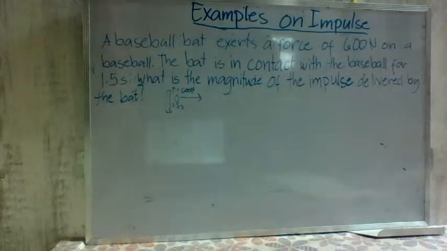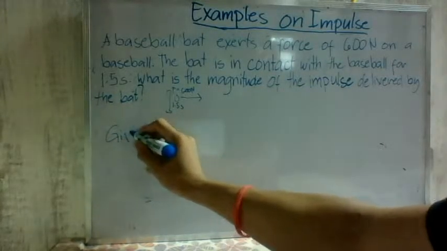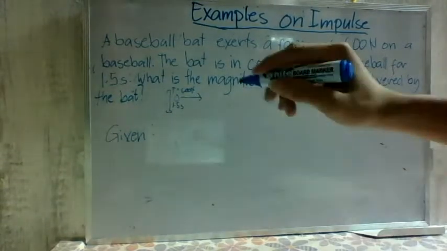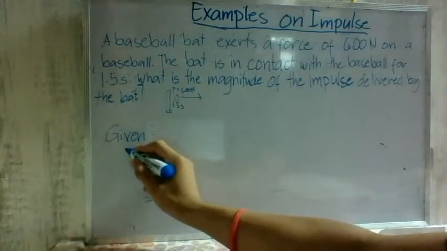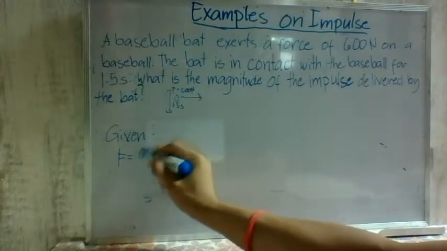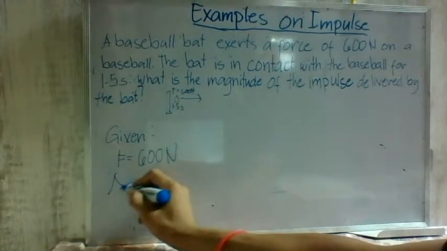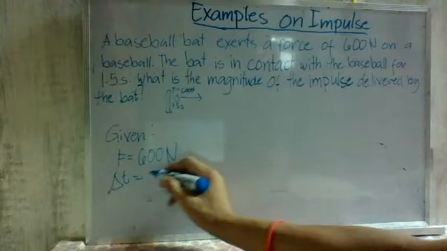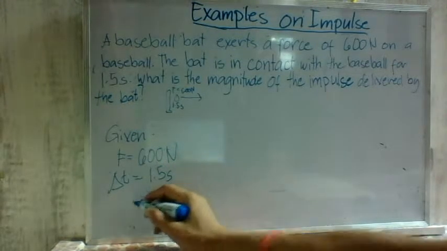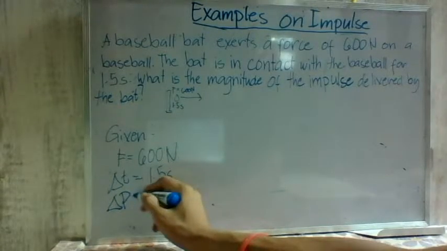So, natay given nga force nga gi-apply sa bat nga 600 Newton og ang change in time nga 1.5 seconds. So, atong ginapangita is ang impulse or change in momentum.